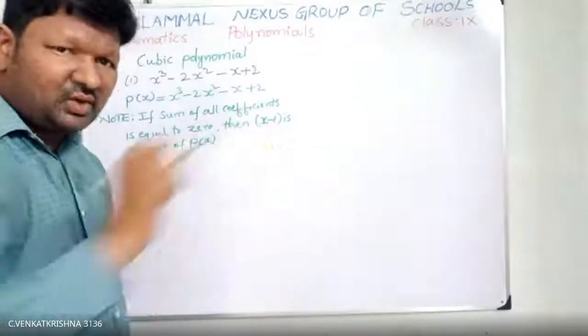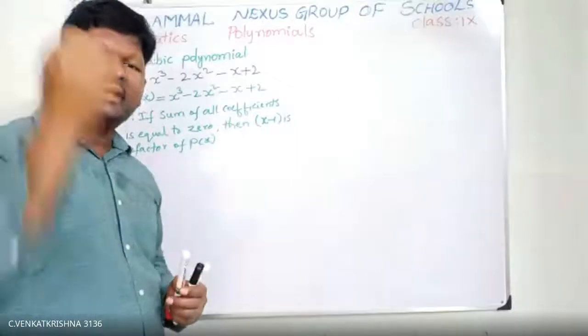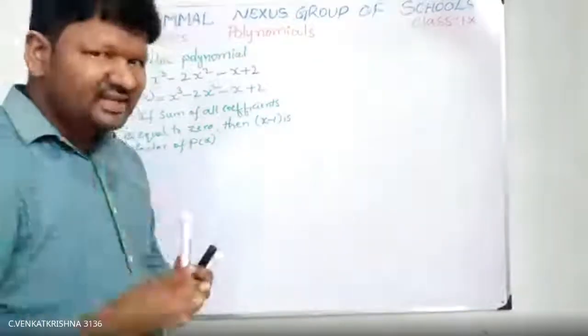So by observing the question, if the sum of all coefficients is equal to 0, then directly we can consider x minus 1 as one factor.